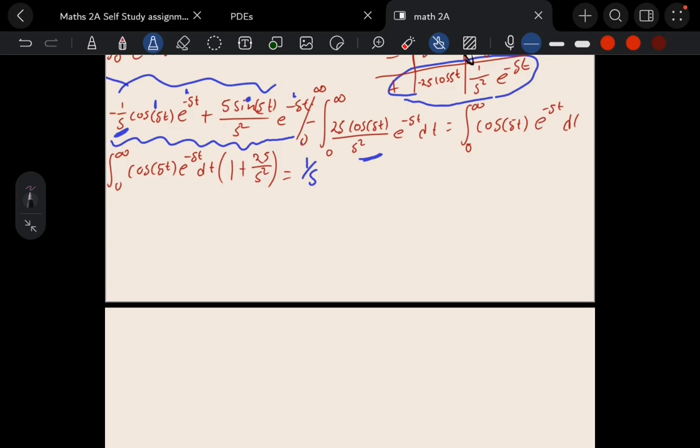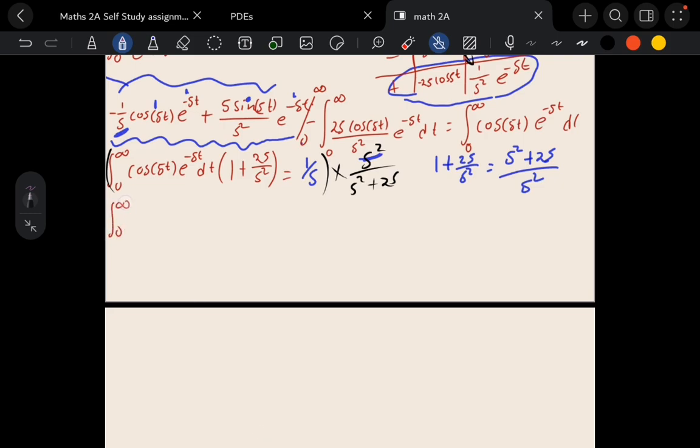So simplify. 1 plus 25 over s squared is the same thing as (s squared plus 25) over s squared. By multiplying on both sides, multiply everything here by s squared over (s squared plus 25), I'm going to get the integral from 0 to infinity of cos 5t e to the power negative st dt equal to s squared divided by s times (s squared plus 25).